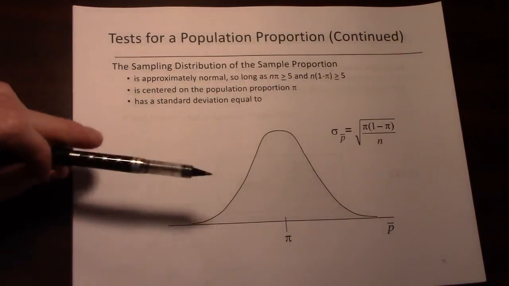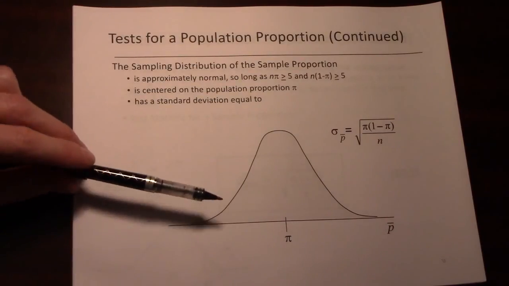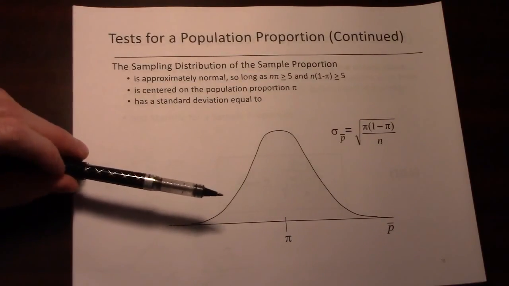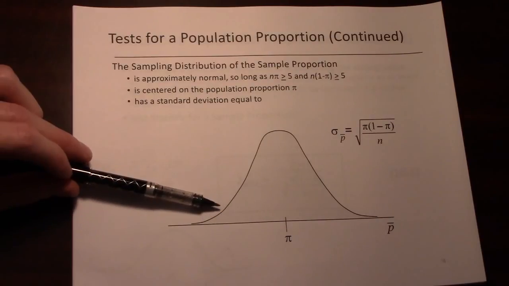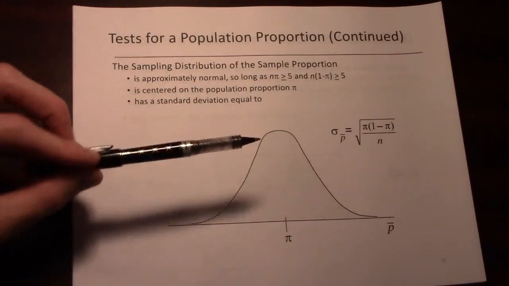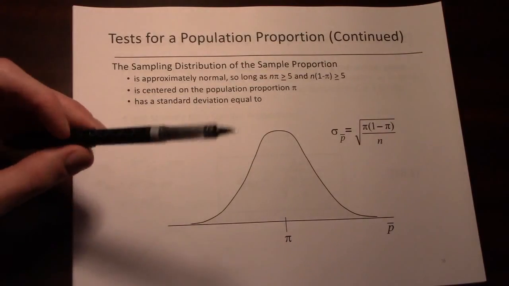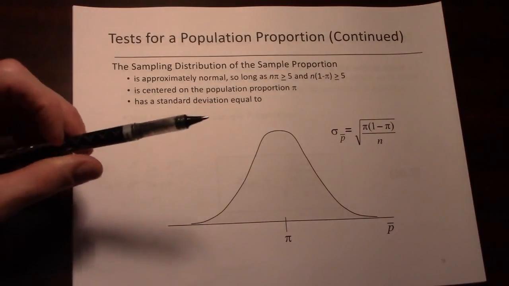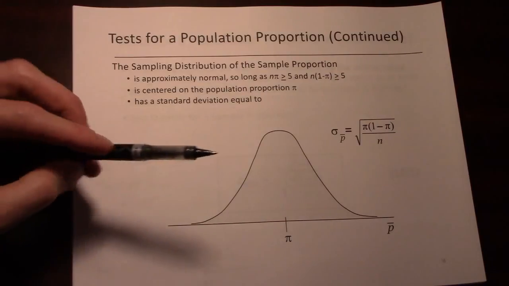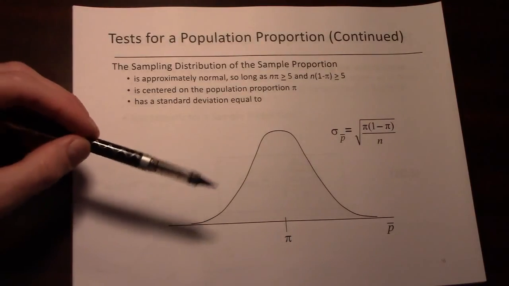This is this wonderful normal distribution. It is a frequency distribution of all the sample proportions. We know that this is normal, and because it's normal, we know where the data lies in terms of how far above and below the mean it is.